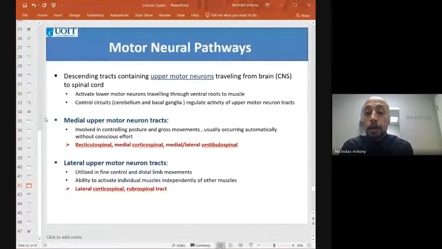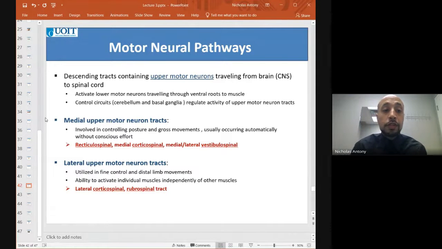Now, our motor tracts were divided up into the medial and lateral upper motor neuron tracts. We had the upper motor neuron tracts coming down from the brain to the spinal cord level where they exit. And then you had the lower motor neurons, the neuron exiting from the spinal cord out to the muscle.